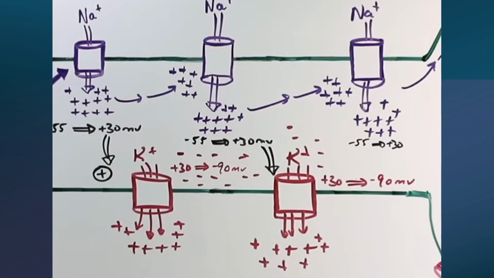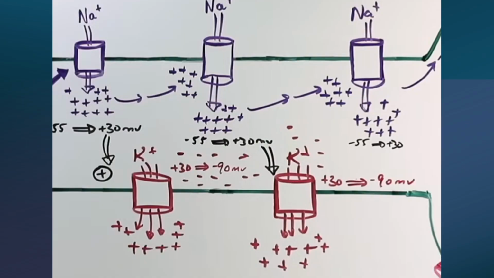This happens simultaneously. Once the sodium channels open from left to right and are making the direction of the cell going rightwards, positive 30 millivolts, right behind them the potassium channels are opening up and making the cell negative 90 right behind them.